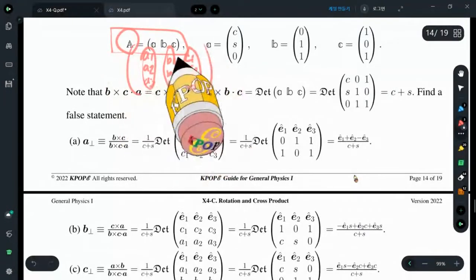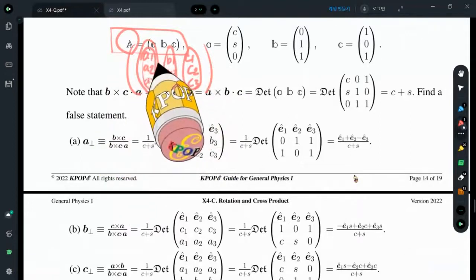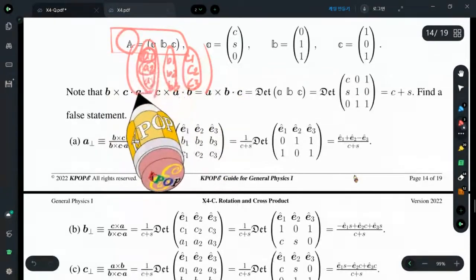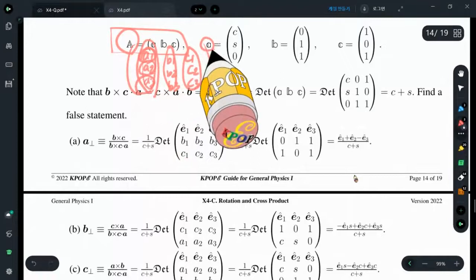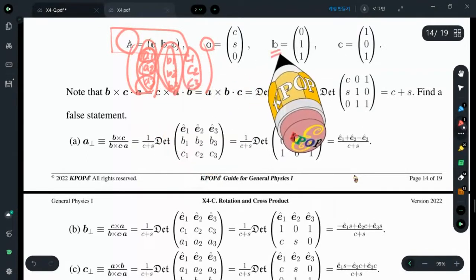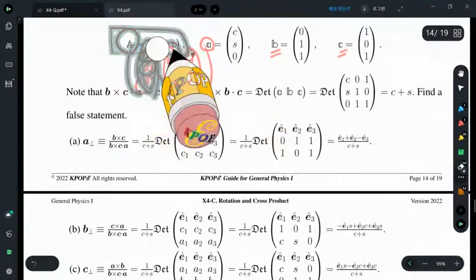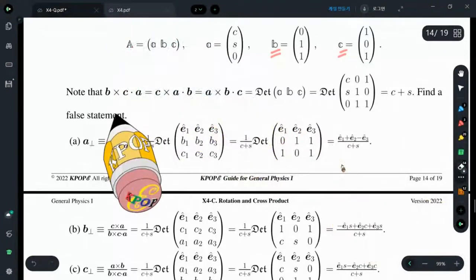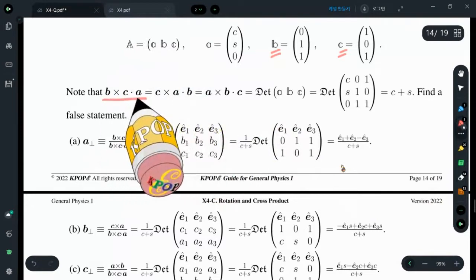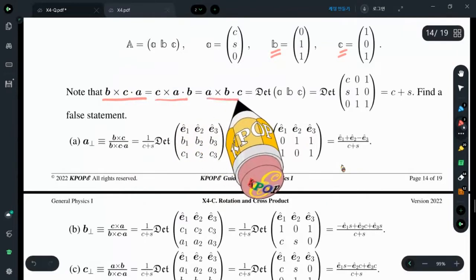It is a matrix whose first column has the 3 Cartesian components of vector A. The second column is the 3 Cartesian components of vector B, and then vector C. And we remember B cross C dot A, C cross A dot B, A cross B dot C. They are all the same.